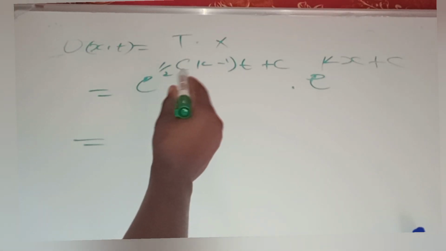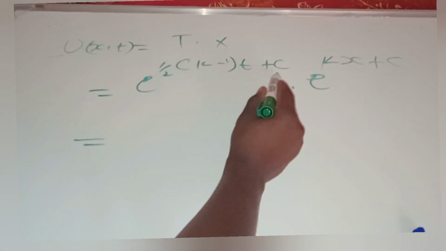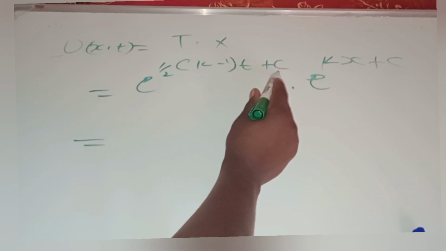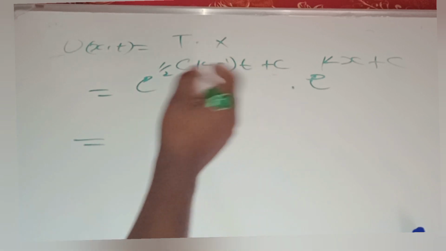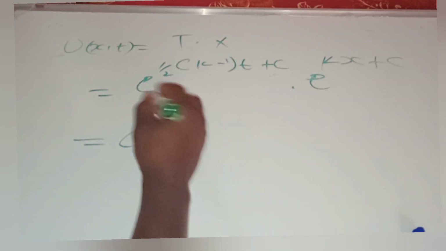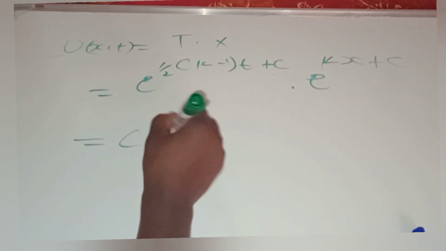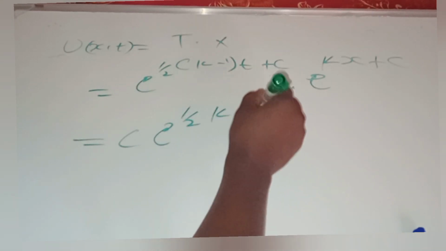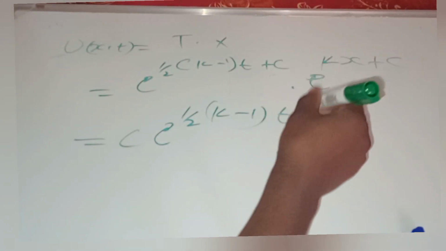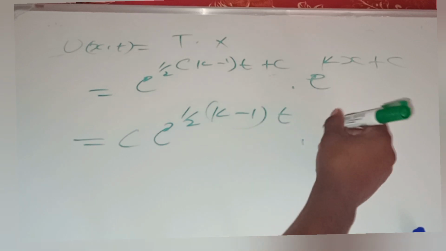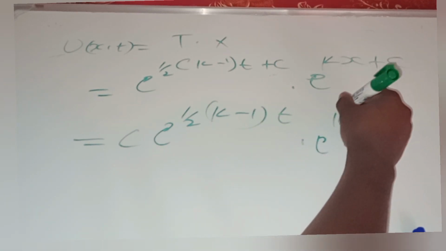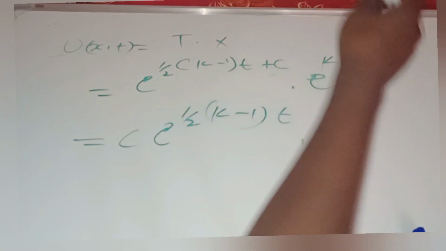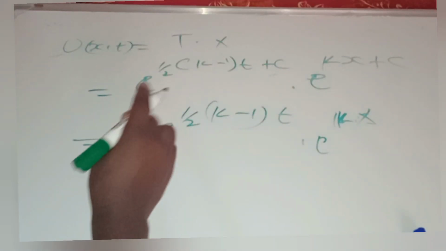Okay, so this will be e raised to the power half of k minus 1 times t, multiplied by e raised to the power c, and e raised to the power c is just a constant. Multiplied by e raised to the power kx, times e raised to the power c, which is just a constant.